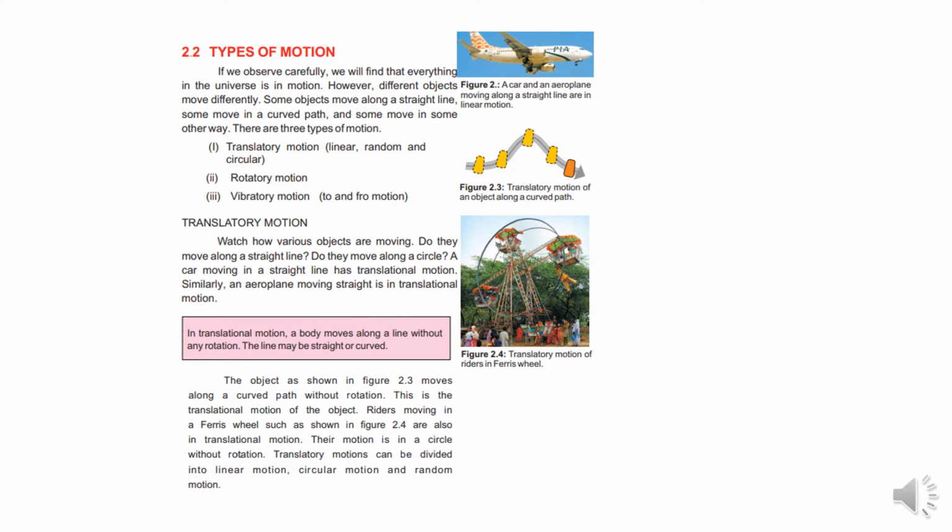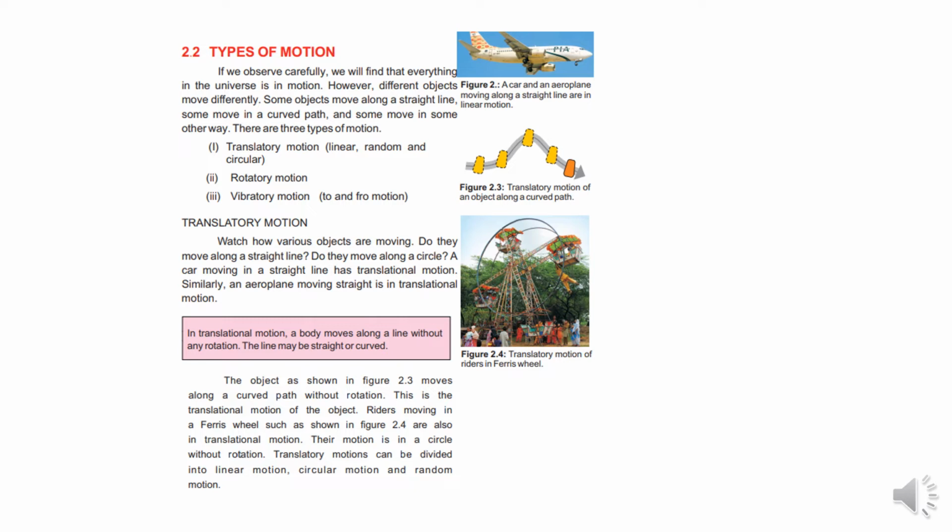The line may be straight or curved. So there are objects in the pictures, as you see, that move in a curved path without rotation. You see in this figure, figure 2.3, an object is moving in a curved path.